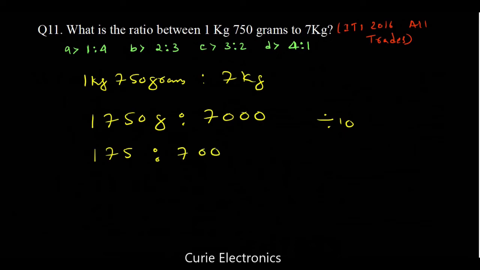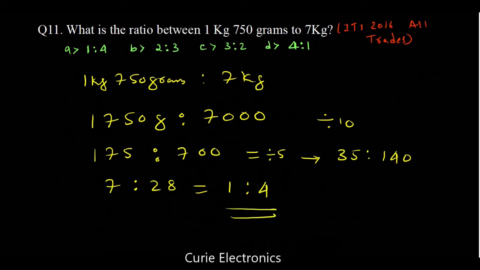Again we can divide by 5. Then you get 35 is to 140. Again divide by 5, then you get 7:28, which is equal to, again we can divide by 7, 1:4. So 1:4 is the right answer for this question.